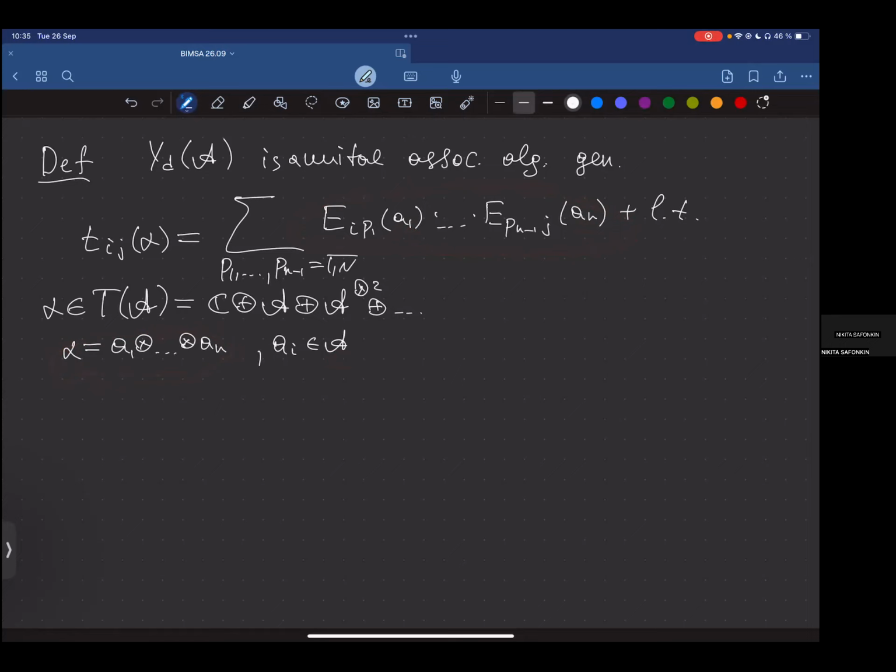Now I would like to state some properties of this Y_D of A. The first property is related to the shifted filtration, because, as I said in the beginning, I'm going to generalize the two properties related to two filtrations of the ordinary Yangian to this more general framework.